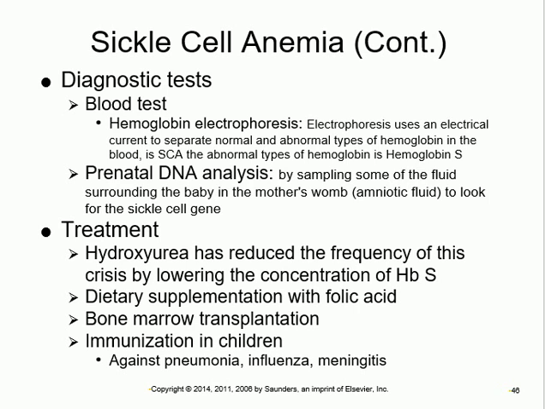So if you do this, you know that you have hemoglobin S. Prenatal DNA analysis can be done. So I have sickle cell disease, and I want to know if my kids will have sickle cell disease or not. Do DNA analysis prenatal, okay? Before, not after. So you be ready for it.